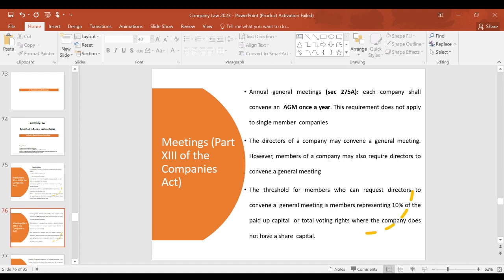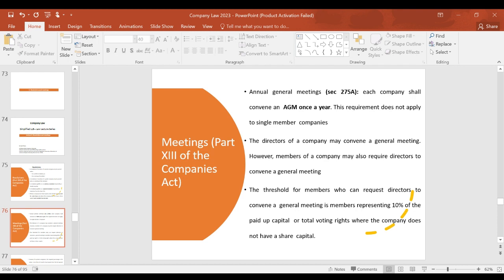Now, we have meetings under Part 13 of the Companies Act. And with this, we have two separate types of meetings. The first one is the annual general meeting, which must be held at least once in a year.